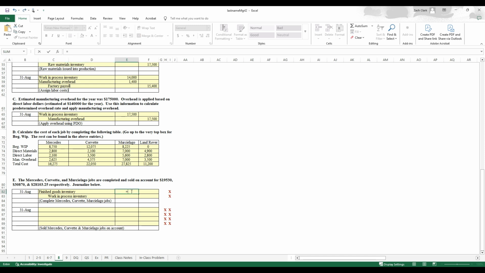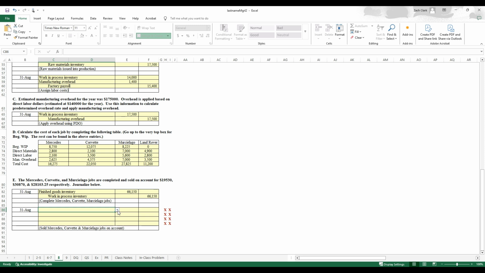So what are we moving out? We're moving out the Mercedes plus the Corvette and Murcielago. So the only one that's left in work in process is the Land Rover. Kind of makes sense. We didn't have any beginning amounts in there. So, okay, those three are moved into finished goods, and then we sold them.